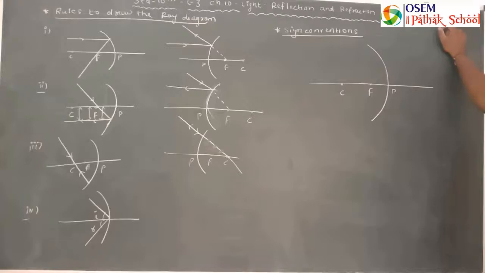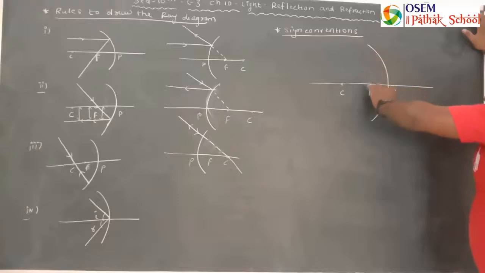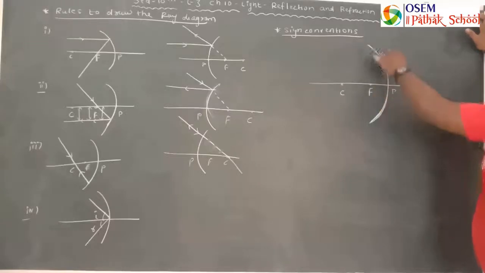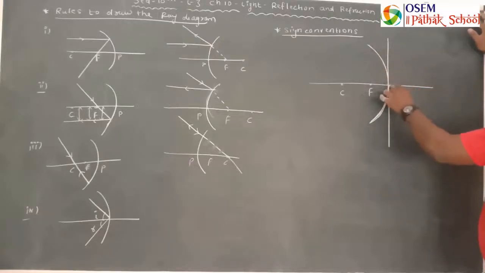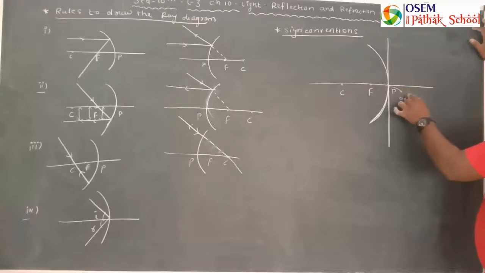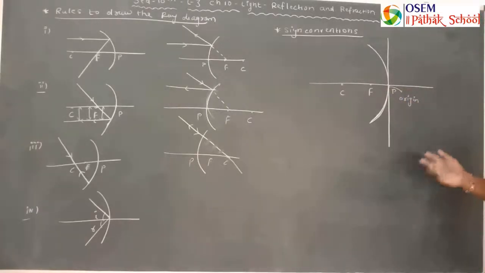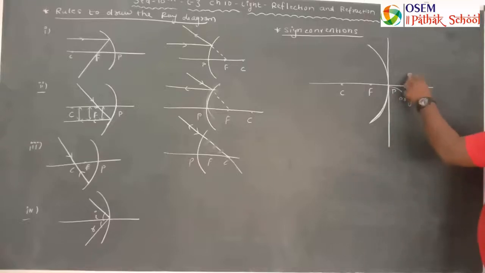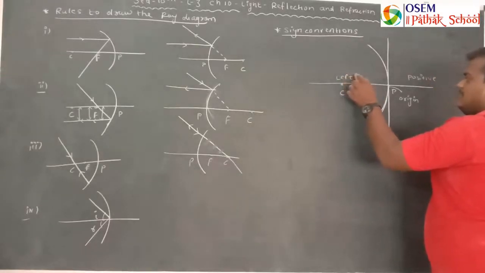So just look here. This is the concave mirror I am taking, and I am treating it like coordinate geometry, taking P as the origin. So you know that these sides are positive. On the right hand side, values are positive. On the left hand side, values are negative.